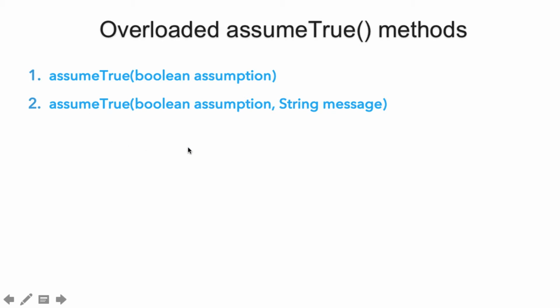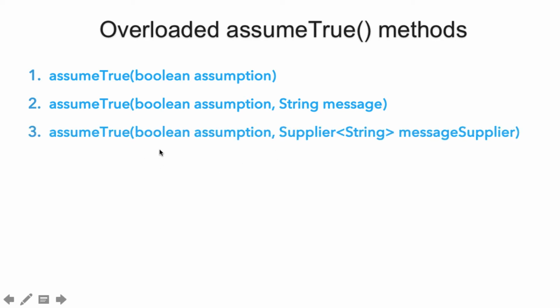The second method takes in a Boolean assumption, and along with that it takes a string message. This string message is nothing but our customized message. So when our assumption fails, the test is skipped. But in the JUnit console you can see that if you have provided a customized message, then that gets printed.